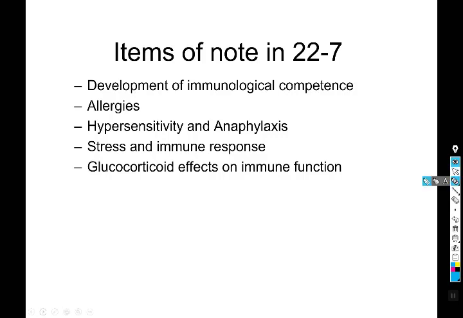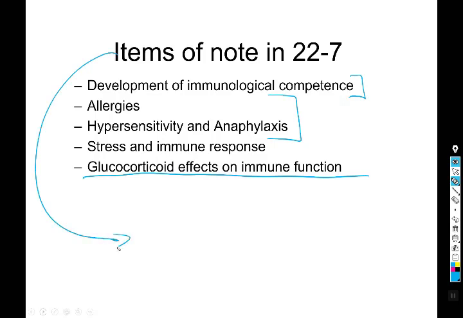But this will address questions you may have about things like the effect of stress on the immune function, development of immunocompetence, allergies, and hypersensitivity. It's not very long again, but it is very informational, especially as it relates to things that students tend to have lots of questions about. So go ahead and read this, and then there's probably going to be some stuff that you don't fully understand. That's okay. Ask me about it in our Zoom session, and I'll be happy to answer.